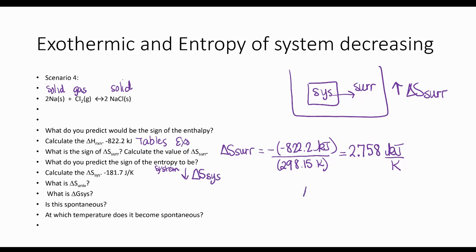Do you see now how they are opposing each other? This one's increasing and this one's decreasing. Since they're opposing each other, the temperature will decide. Okay, here's the value for the entropy of the system, from the thermodynamic tables, products minus reactants.